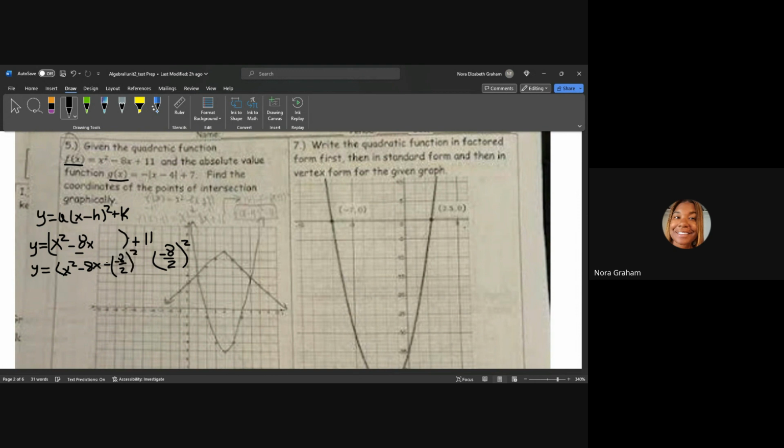I'll do plus right here. My apologies, because we added to the inside and we subtracted from the outside. I'm going to go ahead and erase this right here, so I have room.